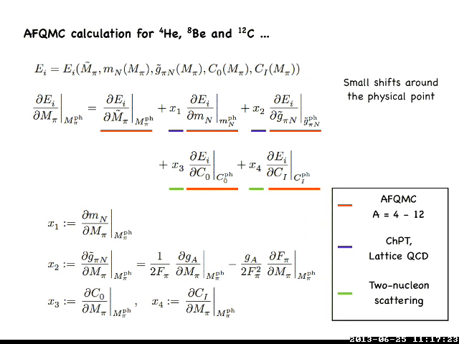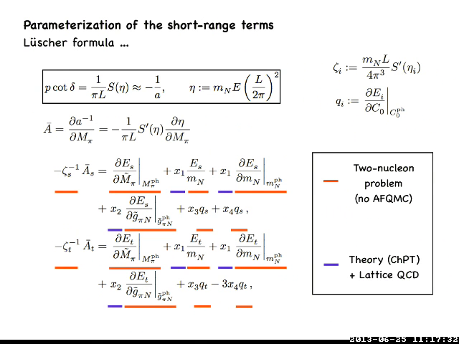We obtain estimates for this by going back again to the two-nucleon scattering problem. If we take the Lüscher equation, which tells us about low energies, we can differentiate it and get how the scattering length changes with m pi.